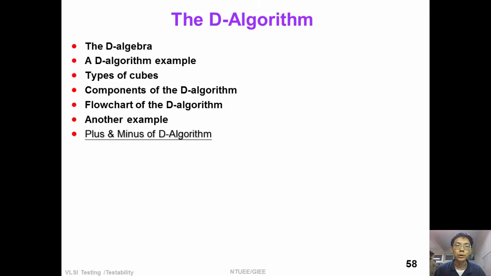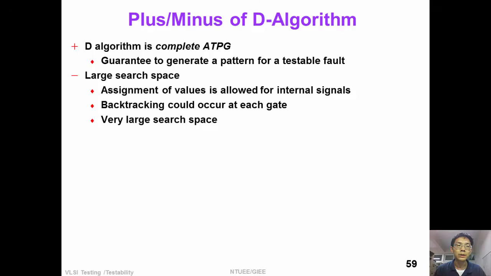So in conclusion, the algorithm is a complete ATPG algorithm that is guaranteed to generate a test pattern for a testable fault. However, as we can see, the search space of the algorithm is very large because we need to assign every internal signal, which is very time consuming.